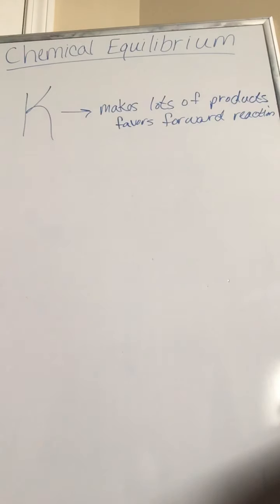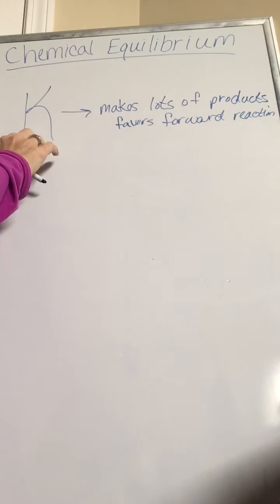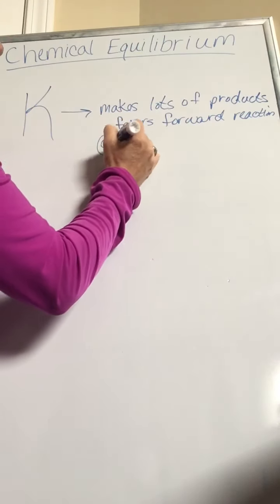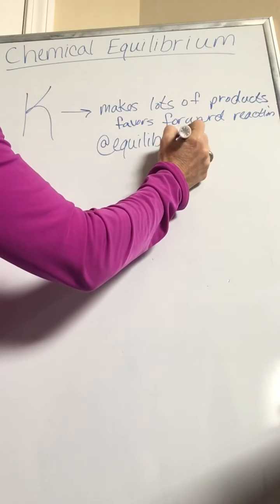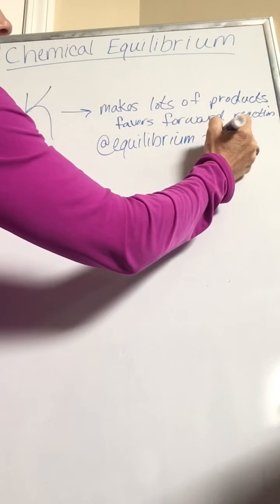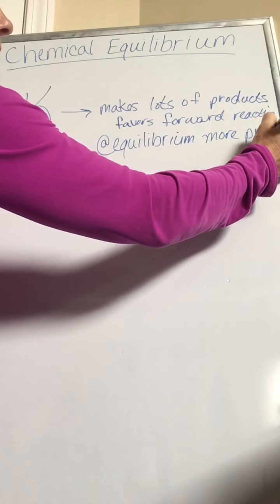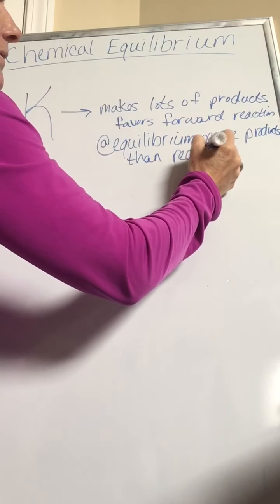And what that also tells us is that at equilibrium, the larger the equilibrium constant, there are more products than reactants at equilibrium.